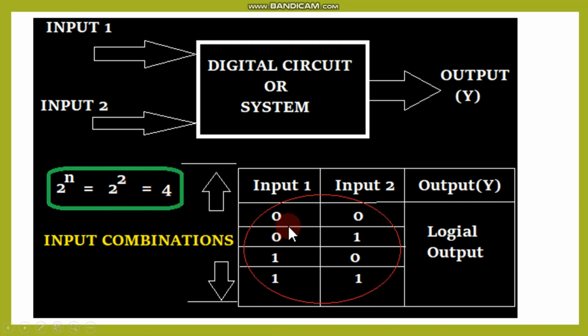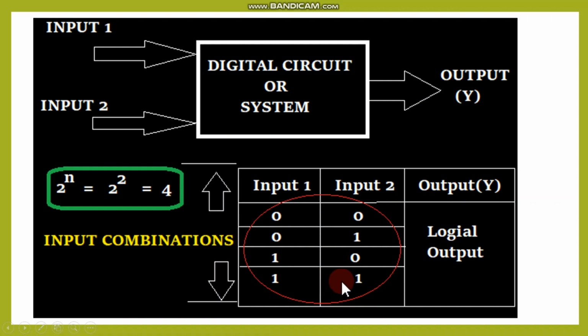So in the first column you will write 0 0 1 1, and in the second column you will write 0 1 0 1 in alternate ways starting with 0. So the 4 combinations which you got are 0 0, 0 1, 1 0 and 1 1.